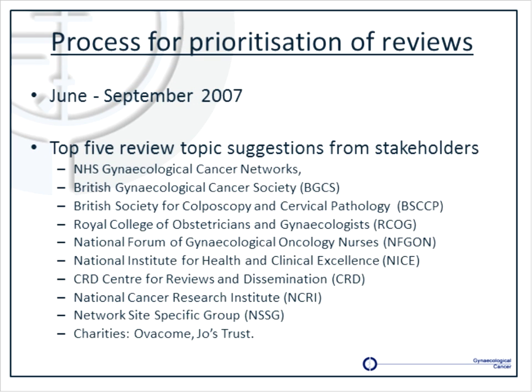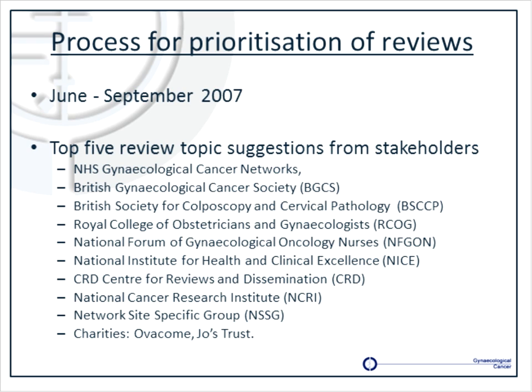At the same time, we started a massive prioritisation project. This involved contacting all senior UK gynae-oncologists, as well as all the groups listed here, to ask them for their top 5 priority topics for new Cochrane reviews in gynecological cancer.